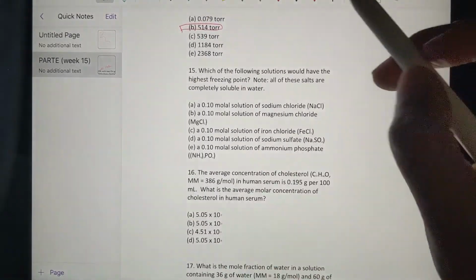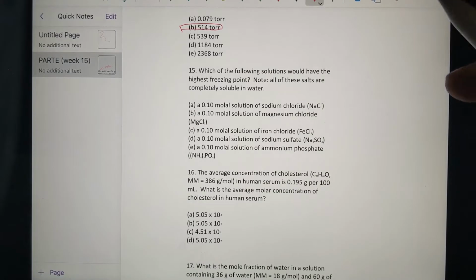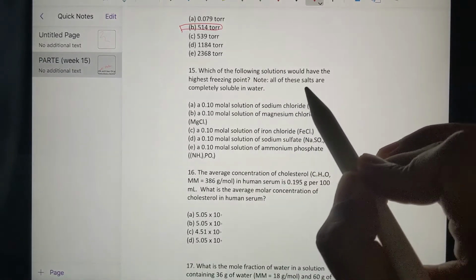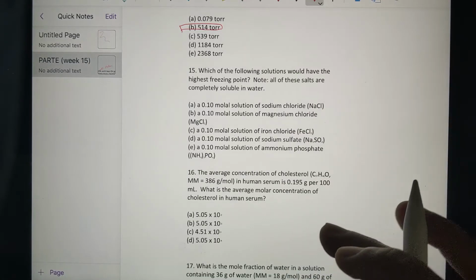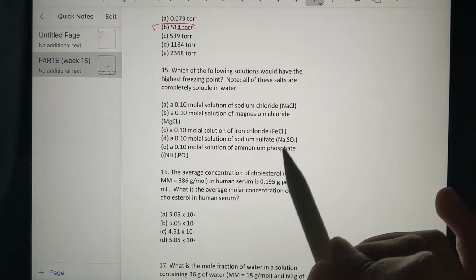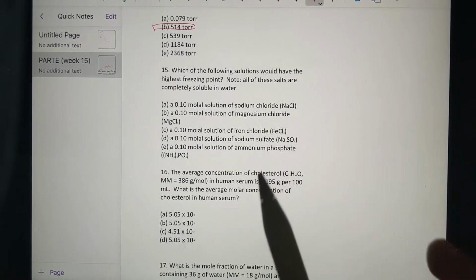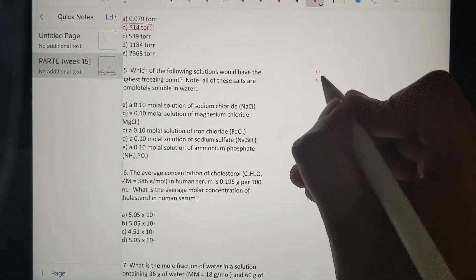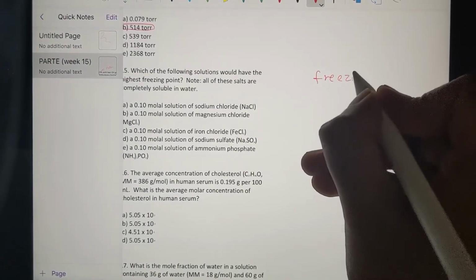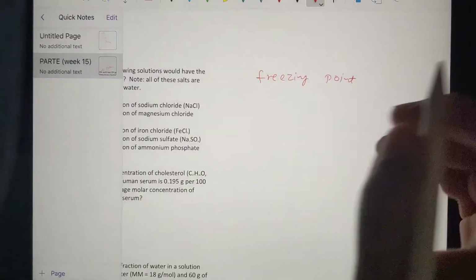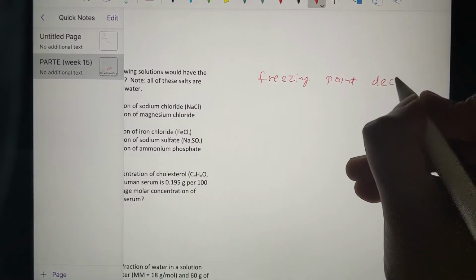Okay, the next question is, which of the following solution would have the highest freezing point? So what happens when you add salt in a pure solvent? Your freezing point decreases.